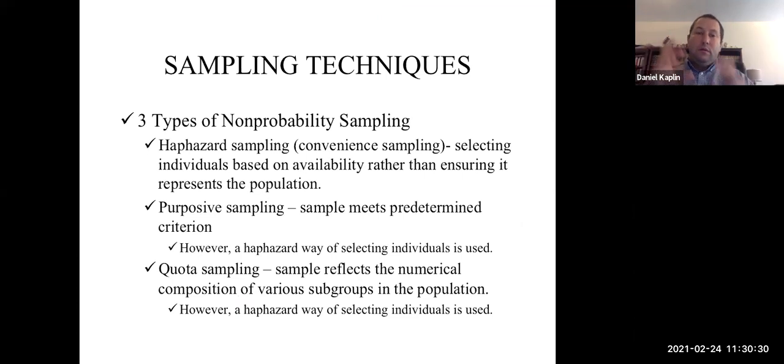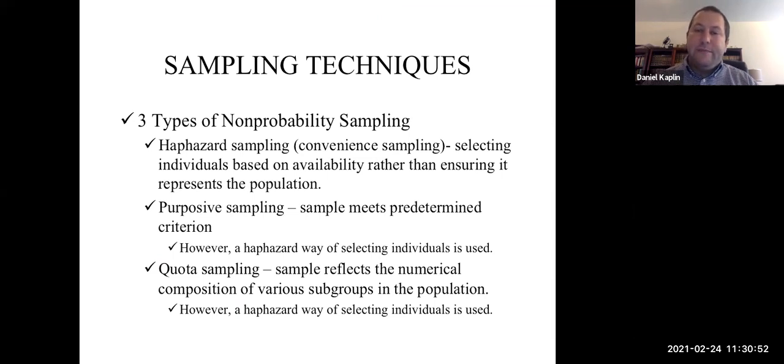Now, the definition of probability sampling was that the likelihood of being selected is known. Non-probability sampling was the likelihood of being selected is unknown. And the most common non-probability sampling that we have is called convenience sampling or haphazard sampling.